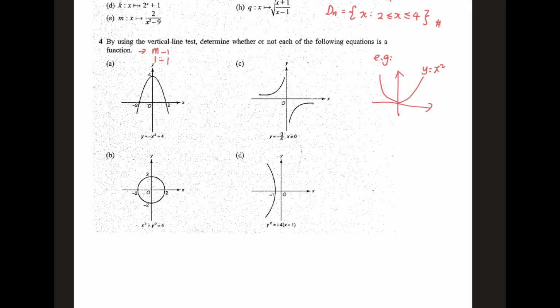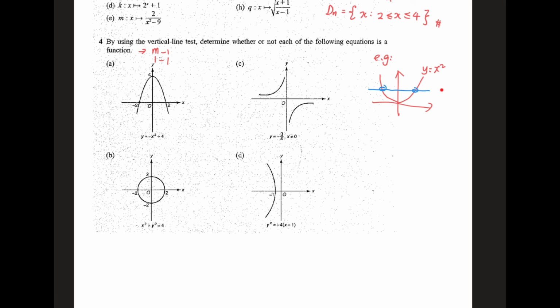I start from the horizontal line test. For the horizontal line, you have to draw a horizontal line at the place where you can cut the most number of points. So I draw it here, I can cut it at 2 points. Don't draw it at a place where there is no intersection with the graph. So we draw it here and there are 2 intersections.